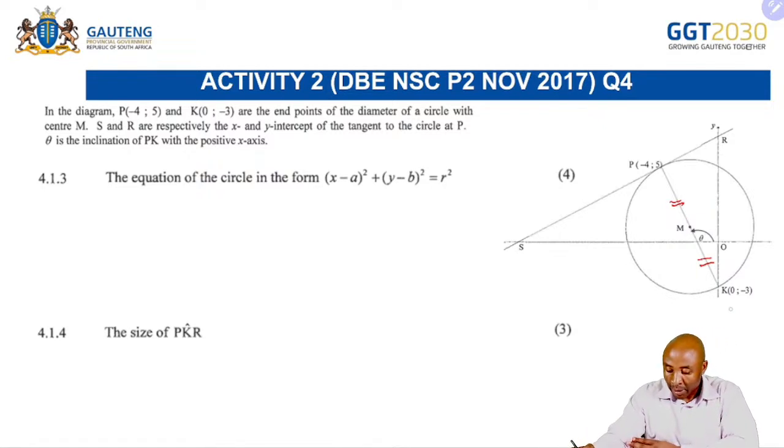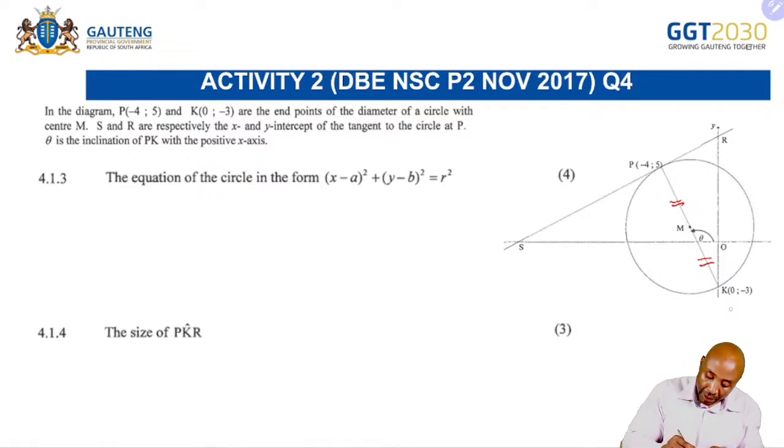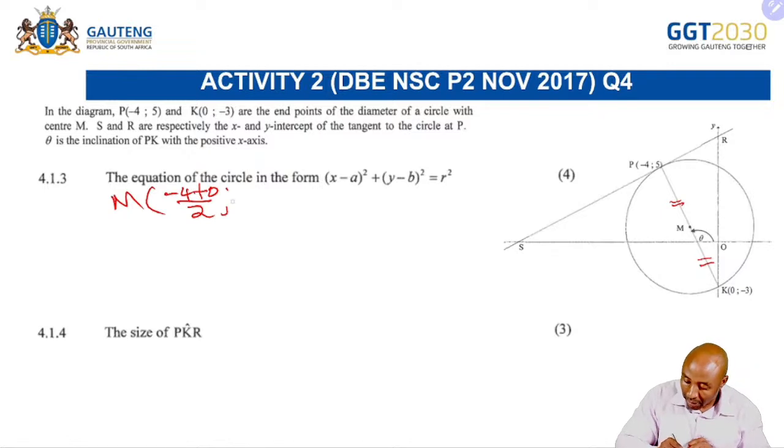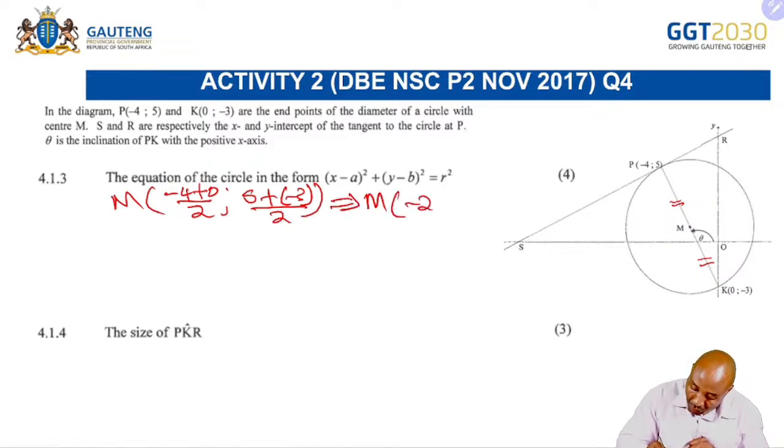So I'm going to use the midpoint formula to get my center, and it will be given by -4 plus 0 over 2, and 5 plus -3 over 2. That will give me my M as -2, and 5 minus 3 will give us 2, 2 divided by 2 will give us +1.